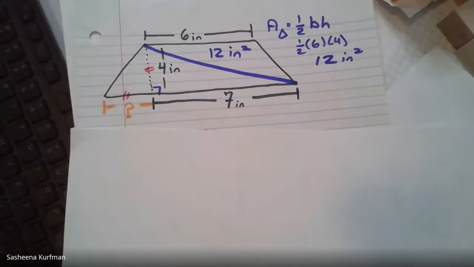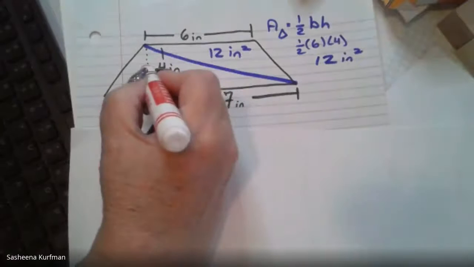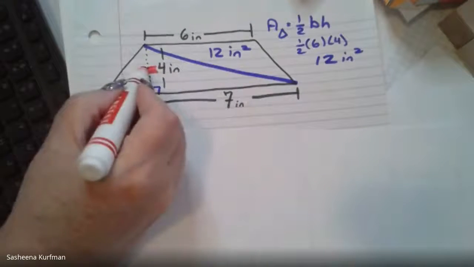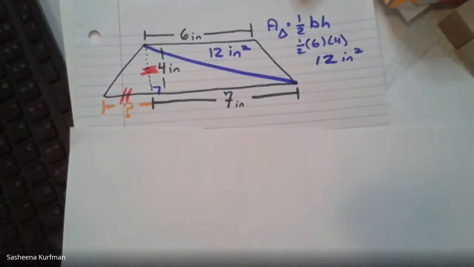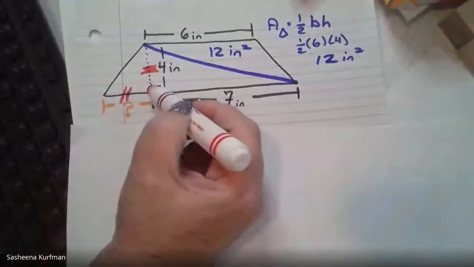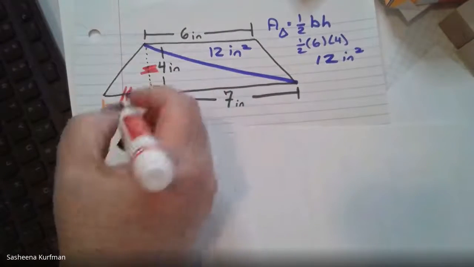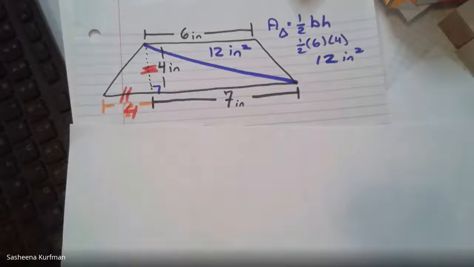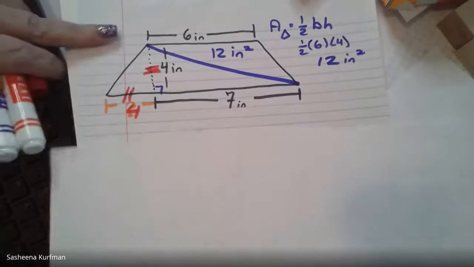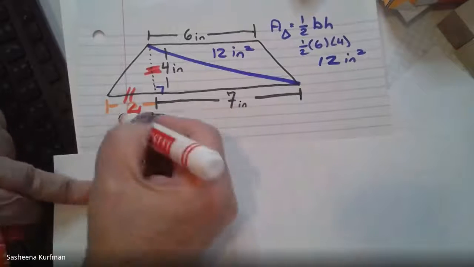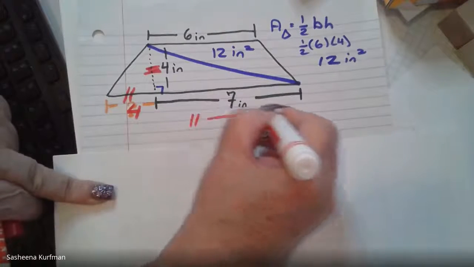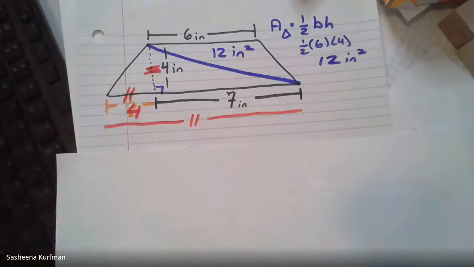There is a clue given to you: we have this mark there and the same mark here. That means these two line segments are the same length. So if this one is 4 inches, this one is going to be 4 inches. And that means the entire base here is 7 plus 4, or 11 inches.